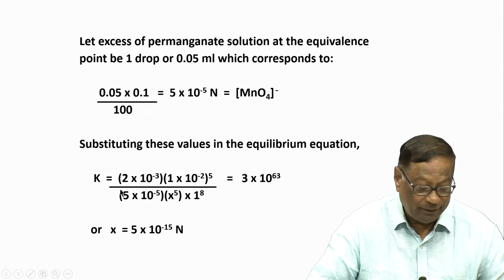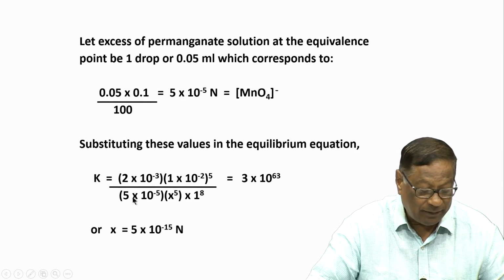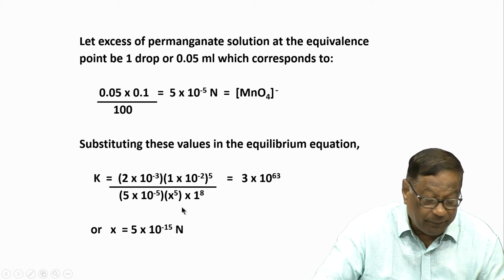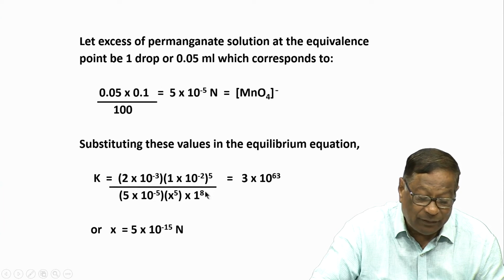K is equal to 2 into 10 raised to minus 3 multiplied by 1 into 10 raised to minus 2, this is for ferrous, and this is for the MnO4-, and x raised to 5 into H+, 1 molar acid, 1 raised to 8.